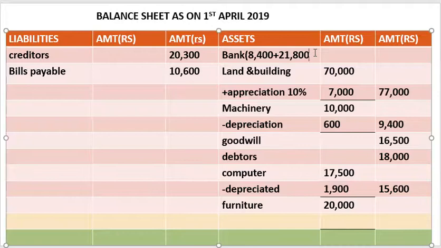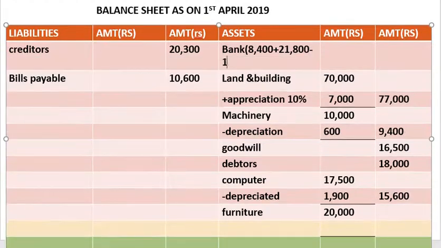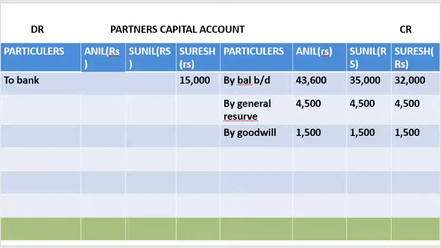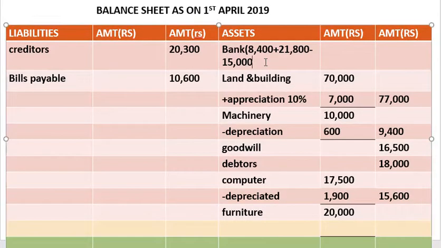So over here in bank we'll write minus 15,000. Any more adjustment is there? Balance was transferred to loan account. Now whatever balance was there was transferred to the loan account. So now we'll solve this bank figure, and the amount we get is 15,200.